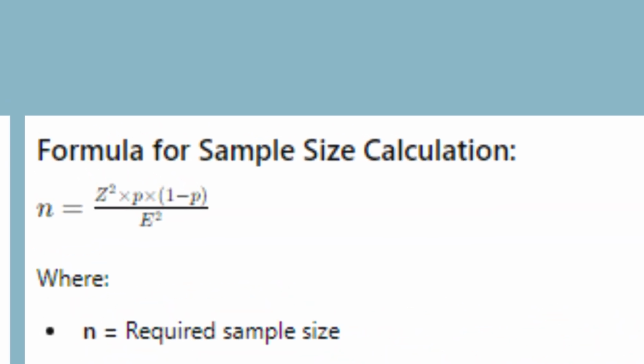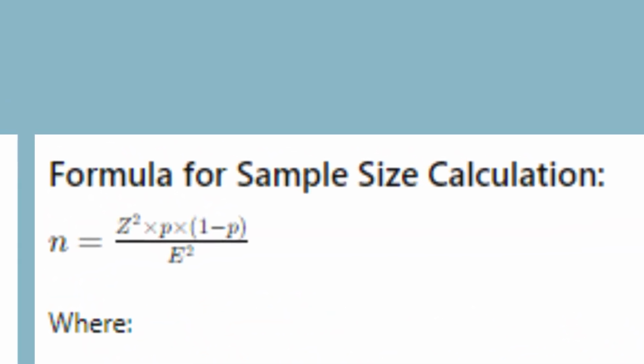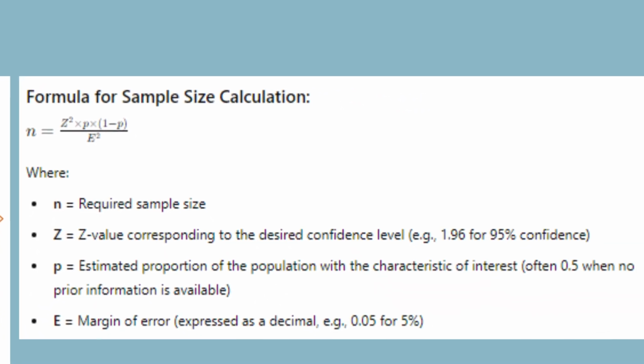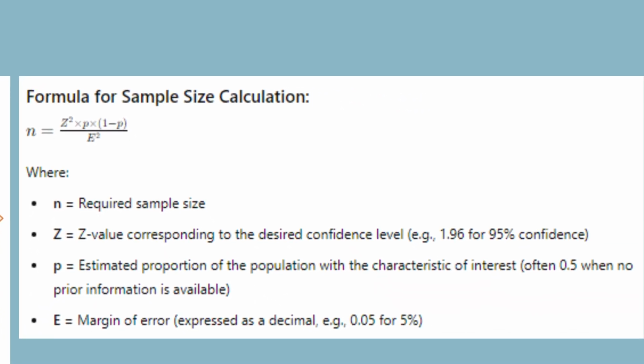Here's a commonly used formula for determining sample size in such cases, where n equals the required sample size, Z equals the Z-value corresponding to the desired confidence level, for example 1.96 for 95% confidence. P equals the estimated proportion of the population with the characteristic of interest, often 0.5 when no prior information is available.